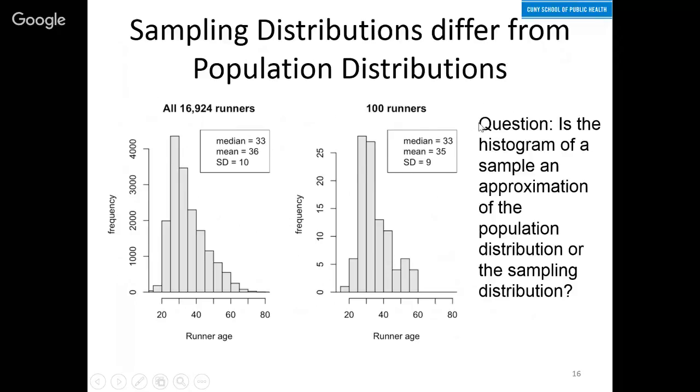So going back to this example of the 16,000 runners, with a median of 33, mean of 36, standard deviation of 10, and then looking at the 100 runners, and I've already given this away to you, but is this an approximation of the population distribution or the sampling distribution?